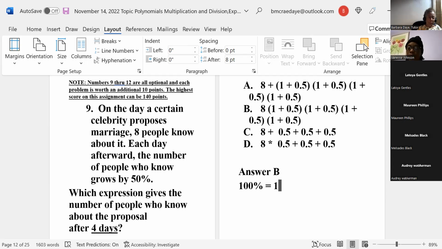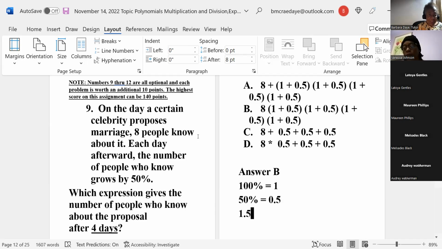What's 50% equal to, Mercedes, as a decimal? 5/10. 5/10, right? So if it's increasing by 50%, that means it's going up from 100%. That's your starting point. And you add the 0.5. So that would be 1 plus 0.5, and you could have said 1.5.